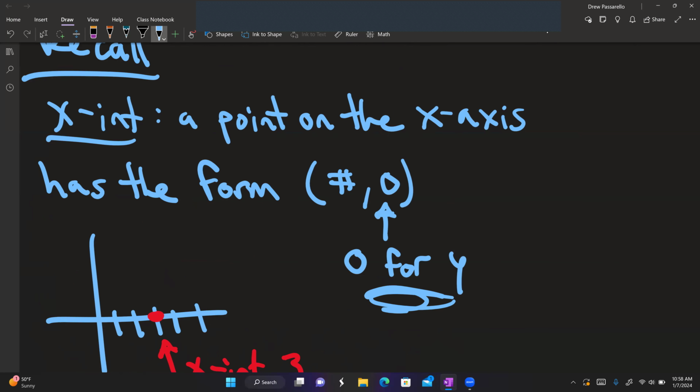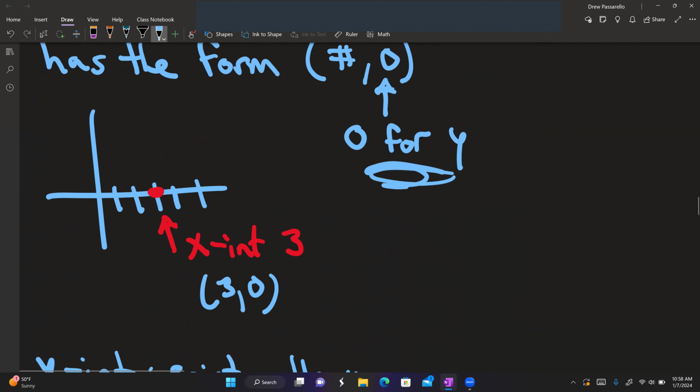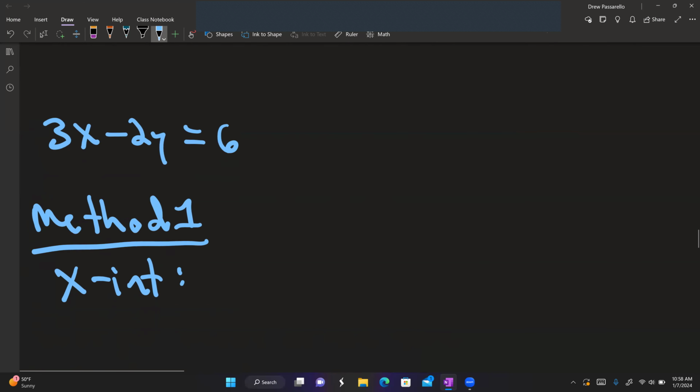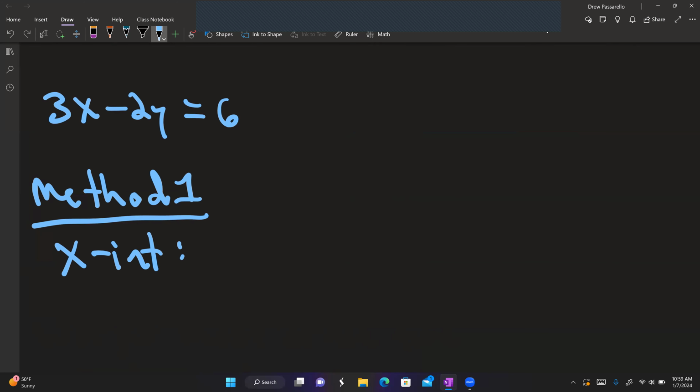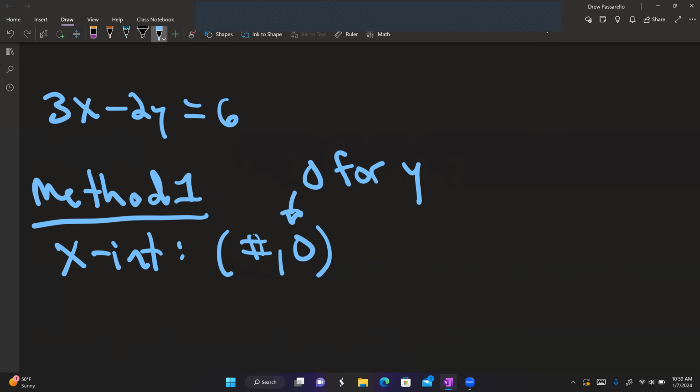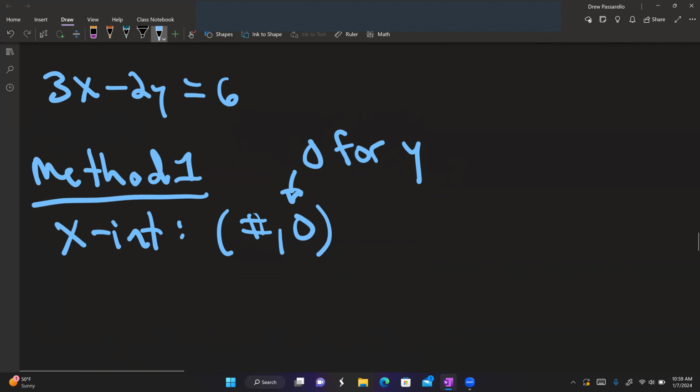And so what you're going to do in the equation is let y equal to 0. The x-intercept has the form of some number, comma, 0, but the point is that it has 0 for y. So I put 0 for y.